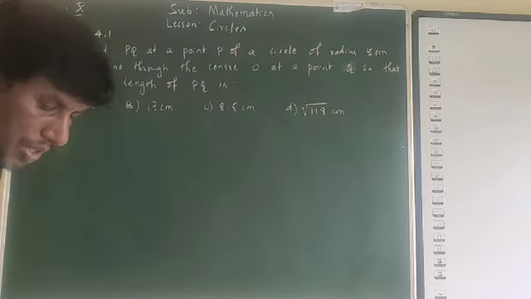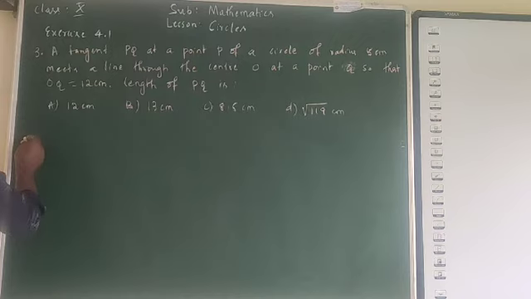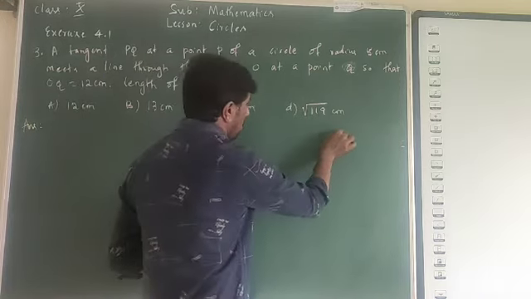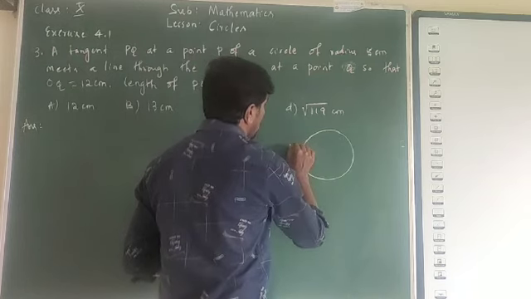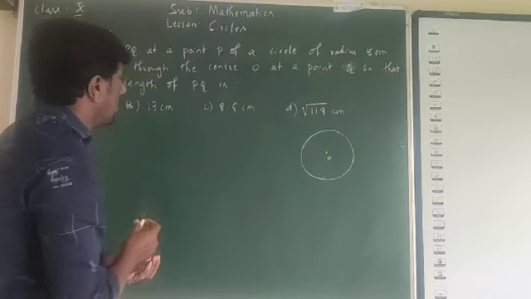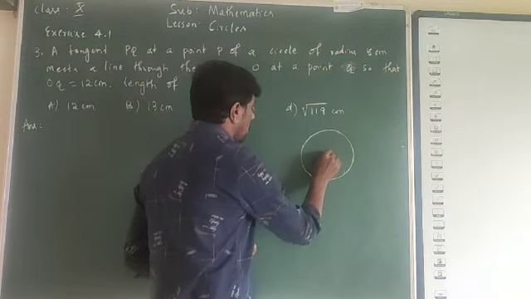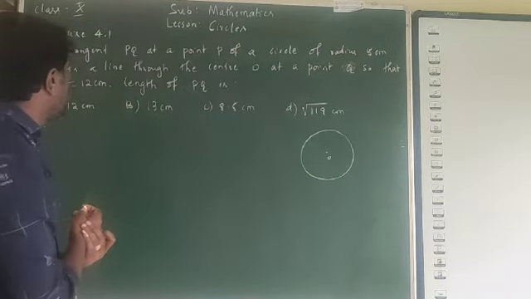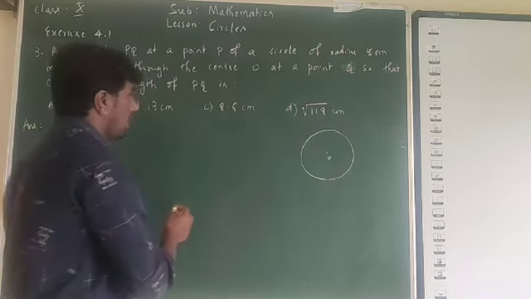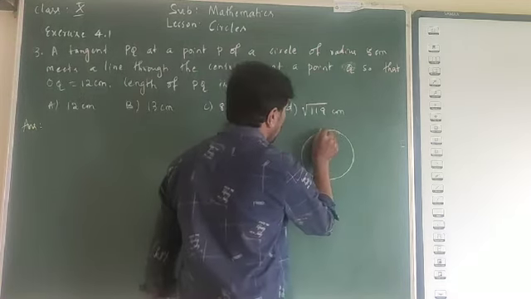Of course, this is a multiple choice question. Since we need to solve this, only then can we choose the correct answer. So, we have a circle with center O. Then a tangent PQ at a point P of the circle.